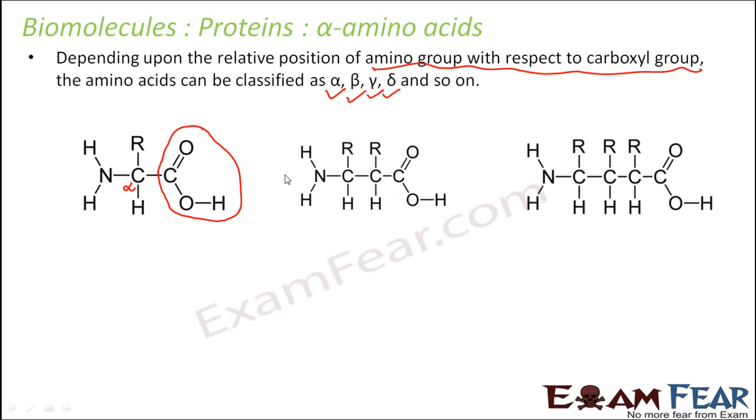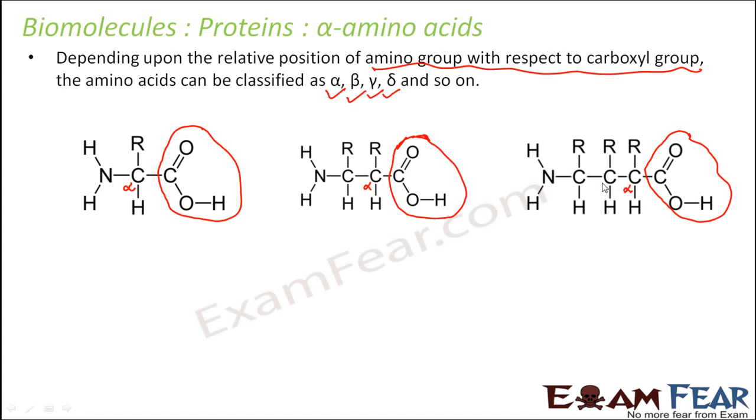Now let us take the second amino acid example. This is your carboxyl group, and the carbon directly attached to it is your alpha carbon. Let us take this example. Here is the carboxyl group, and the carbon directly attached to this carbon is your alpha carbon.